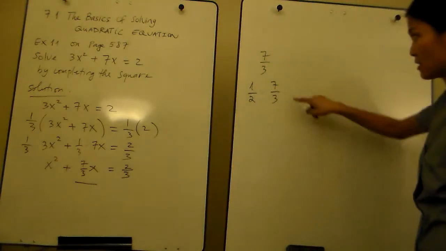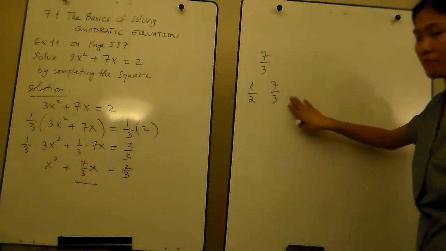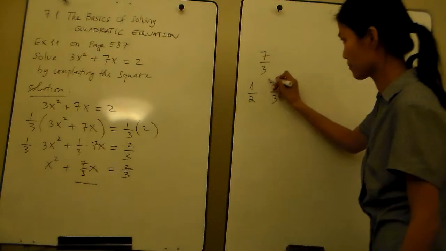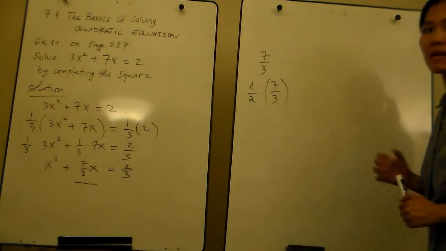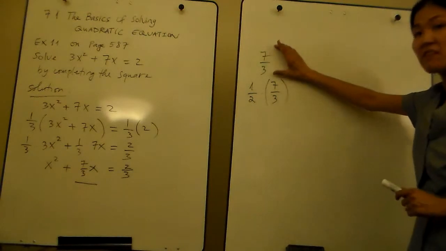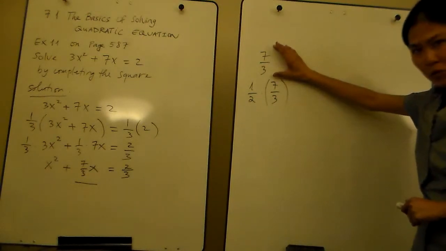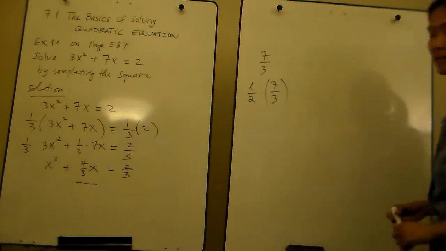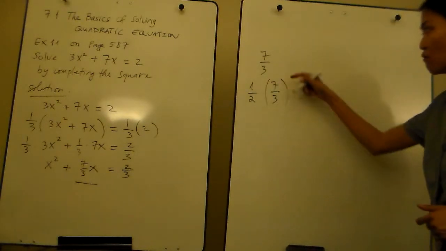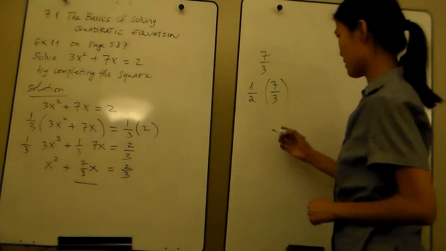This means you take half of this value. It's the same meaning as you take this 7 over 3 divided by 2. The meaning is half of 7 over 3. Let's simplify and see what you get.